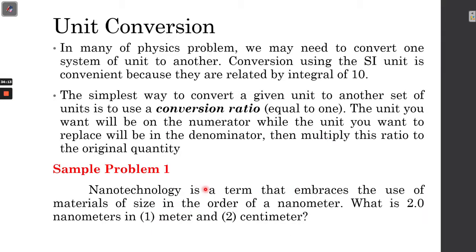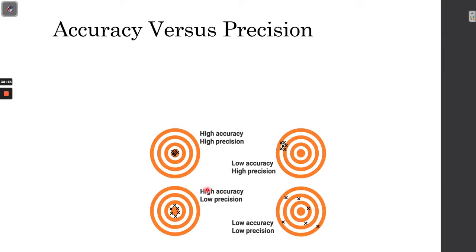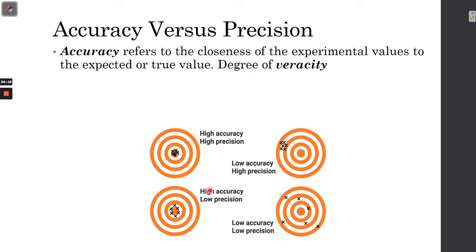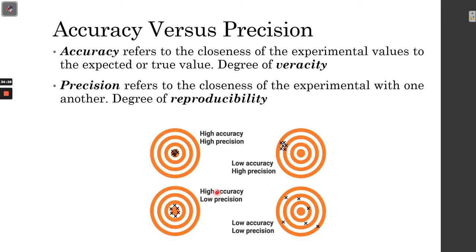So now, let's discuss accuracy versus precision. Accuracy refers to the closeness of the experimental values to the expected or true value. It's also the degree of veracity, while precision refers to the closeness of the experimental values with one another. It's the degree of reproducibility. So when we talk about accuracy, it refers to how close yung nahanap natin na number dun sa totoong value na hinahanap natin.